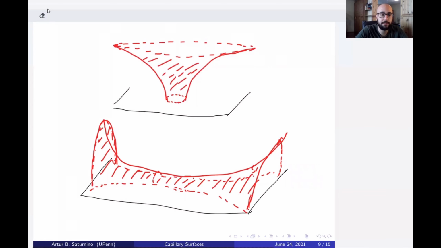The next example is again a catenoid, but now instead of cutting it perpendicular to the axis of rotation, we cut it by a plane which contains the axis of rotation. The contact angle is going to be pi/2, meaning that the surface has free boundary. But here it is interesting that the boundary is non-compact. And of course, we can do a similar construction for any CMC surface that has an axis of rotation.